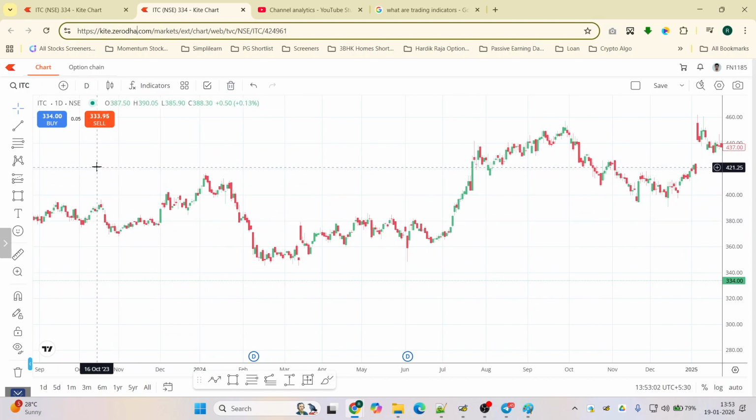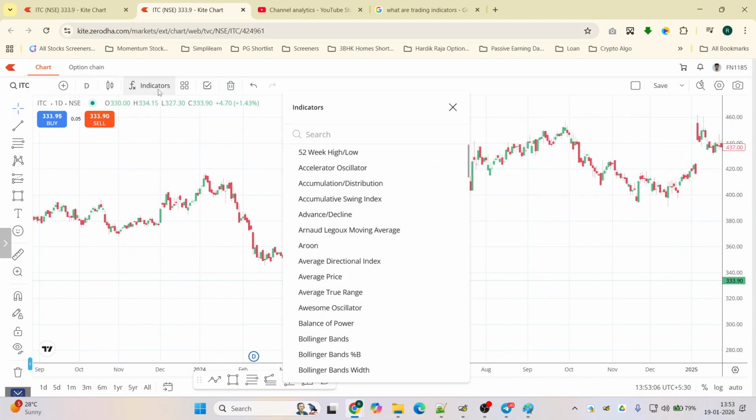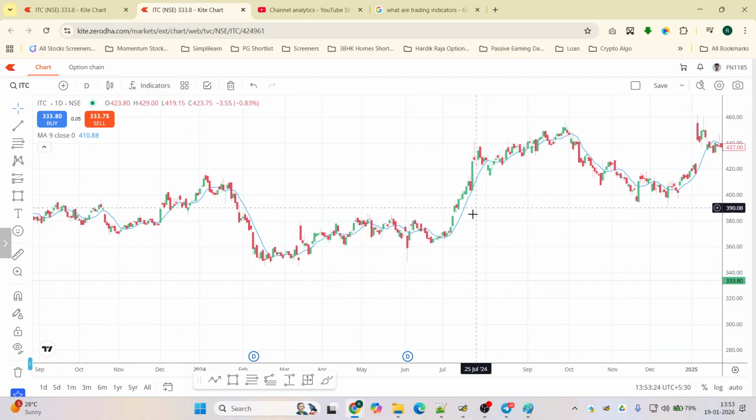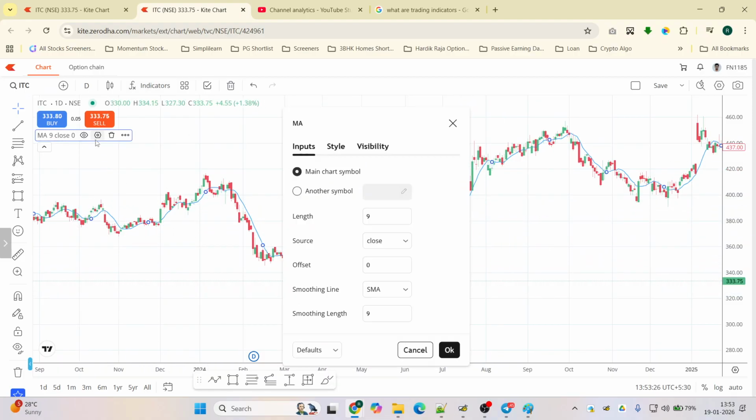I don't have any indicators now, but there are indicators you can see here, and FX indicators here. I click on this, then I type moving average. I'm just clicking this moving average one, and you can see a blue color line.